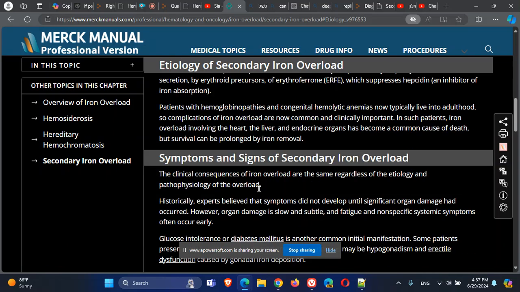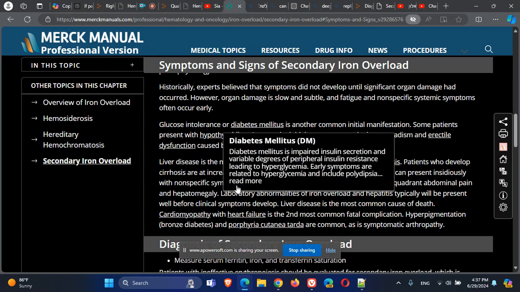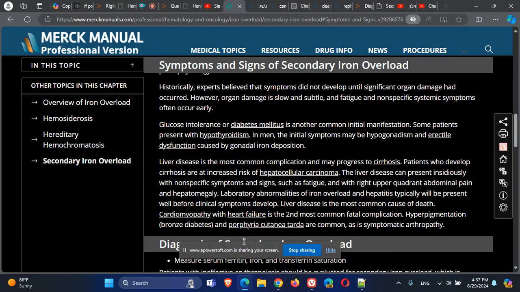Okay, the symptoms and signs of iron overload are like we said in hemochromatosis. In the liver, they can cause cirrhosis and hepatocellular carcinoma. Liver is the most common organ to be damaged, and the complications are most commonly there, but not just there.